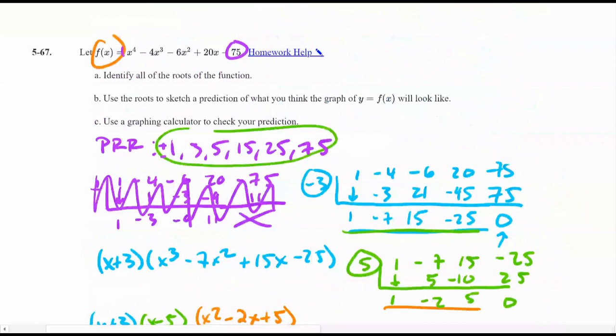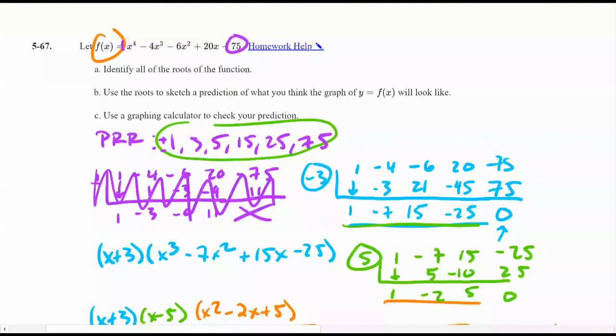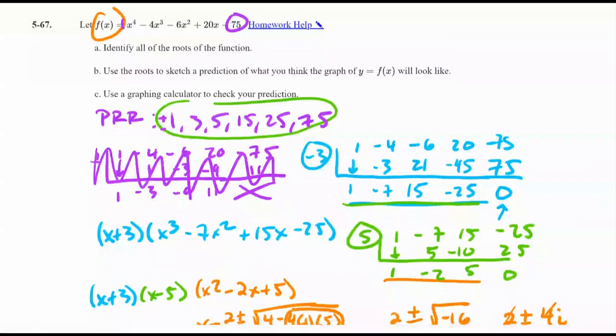Next it says, use the roots to sketch a prediction of what you think the graph might look like. In this situation, it's a power of 4. So I'll do this in pink here. Power of 4, and I'm going to look at my -3 and +5.